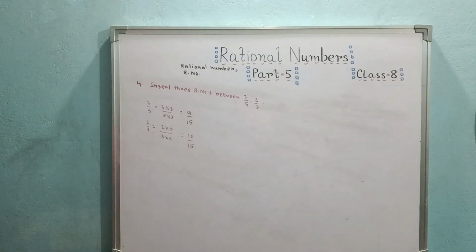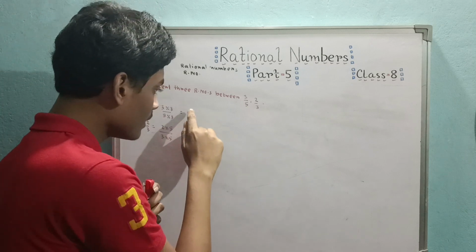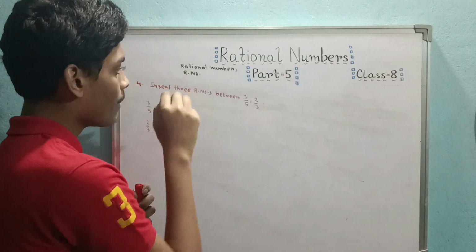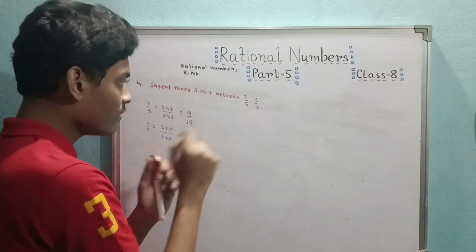Now, to insert three rational numbers between these two, we have to multiply the numerators and denominators by 4. One more than the required rational numbers to be inserted.